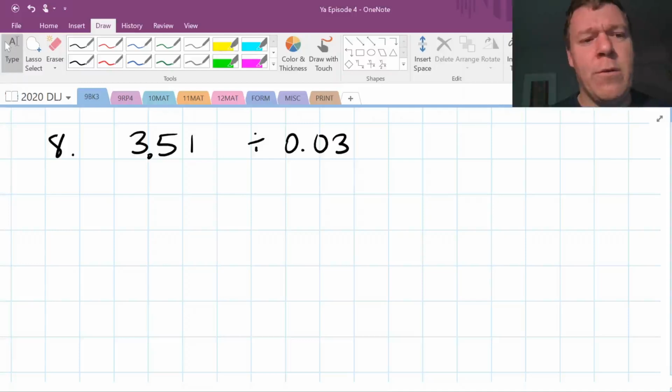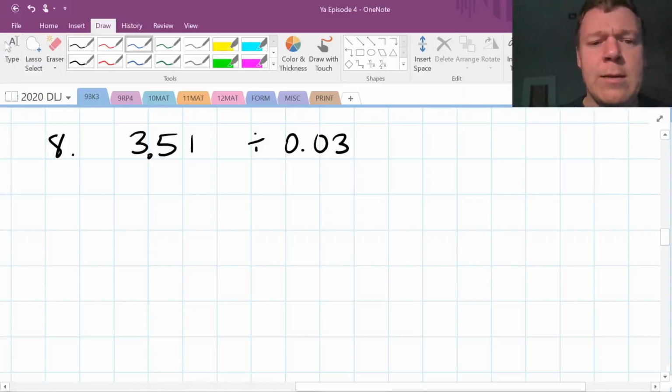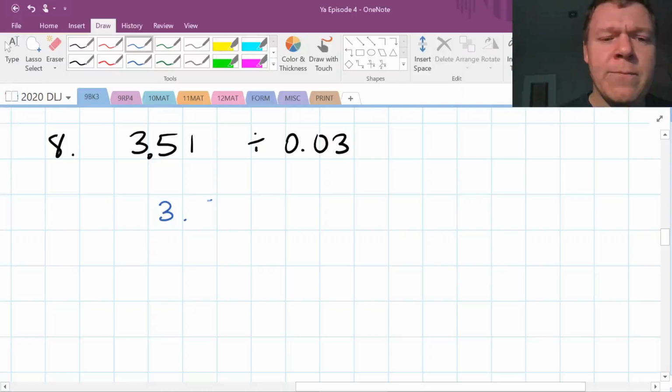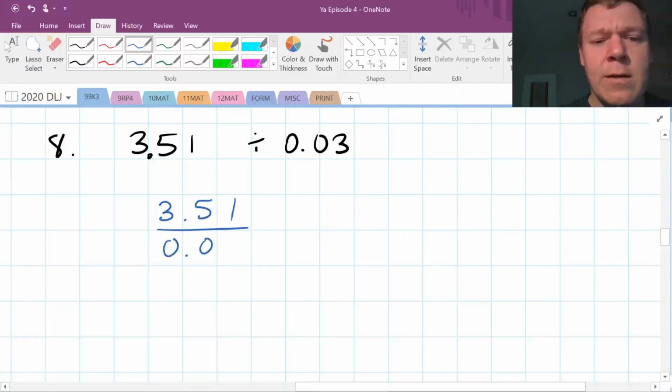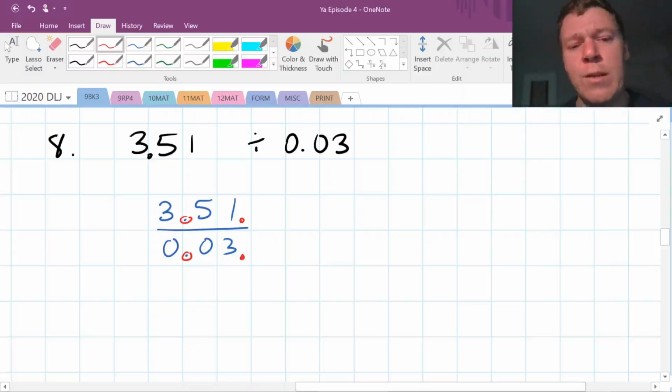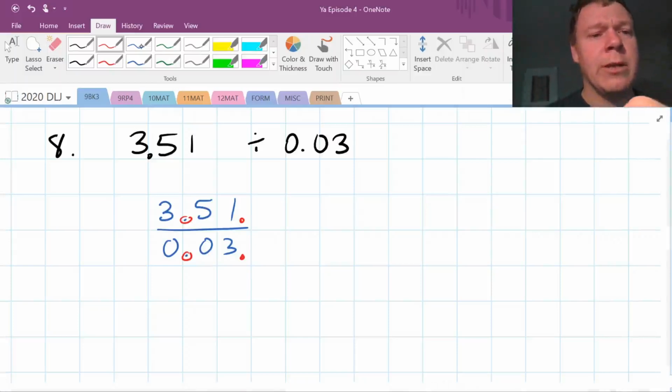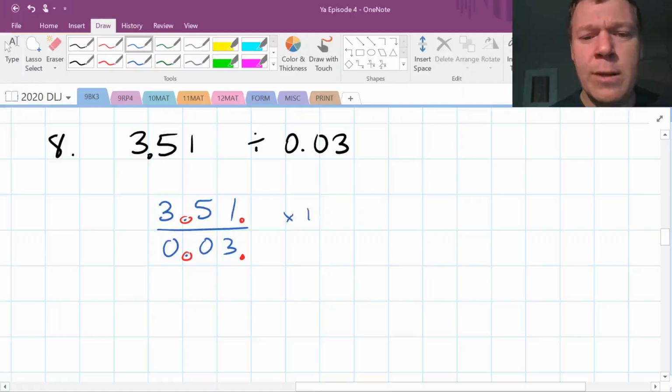Okay, let's do this one, number 8. So if we were to solve this one again, we put it into a fraction mode of division, and we're going to just drop the decimal points 2 over. If you move the decimal point by the same amount, essentially what you're doing is multiplying by 100 on the top and bottom.